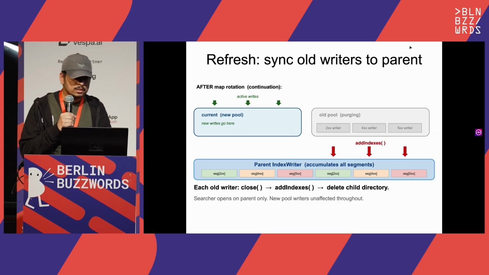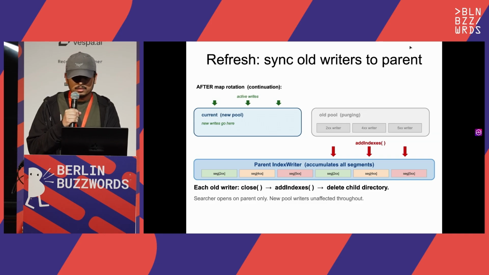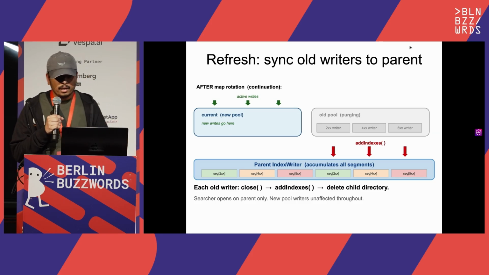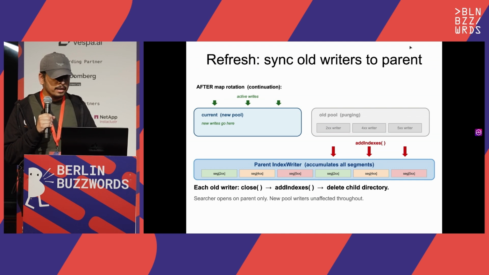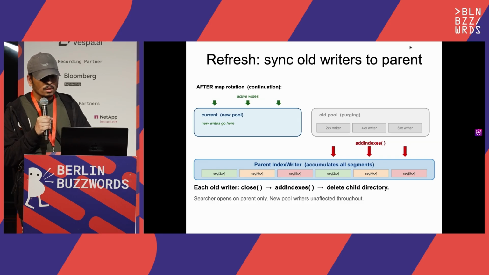It copies the segments into the parent directory and registers them, so that they become available for search. Finally, we also delete the child writer directory, so that only a single writer, the parent writer, exists. Within the parent writer there are a bunch of newly created segments, and each one of them is tagged with its own group specific attribute.